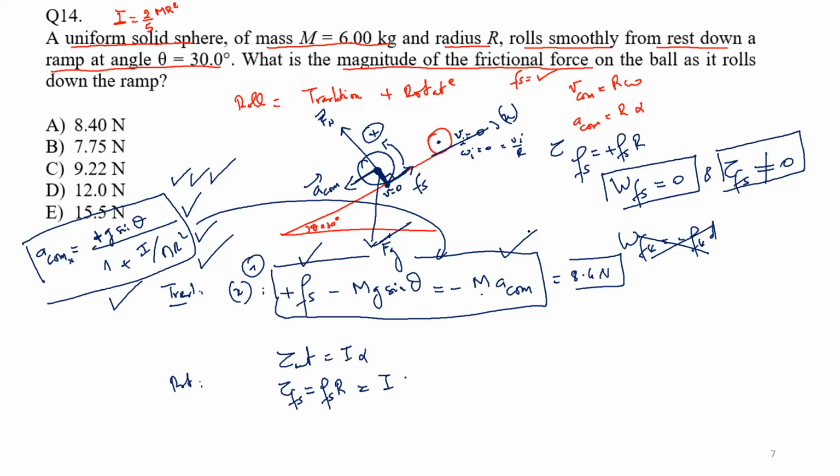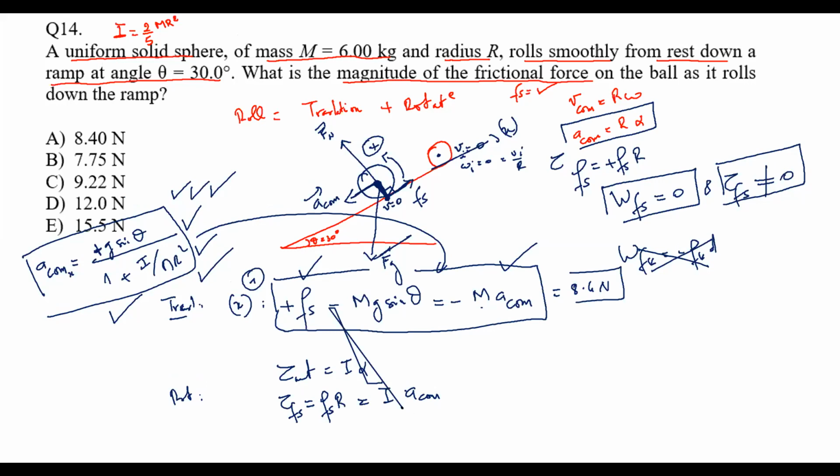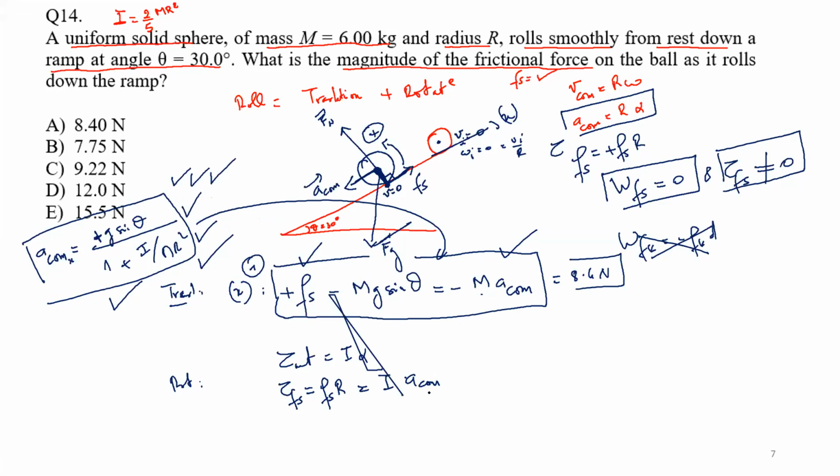But as I have smooth rolling, alpha is just acceleration of center of mass divided by R. Then I have my second equation: two unknowns, Fs and acceleration of center of mass. I play with these two equations and I will get the acceleration of center of mass, and then I will get Fs as well.